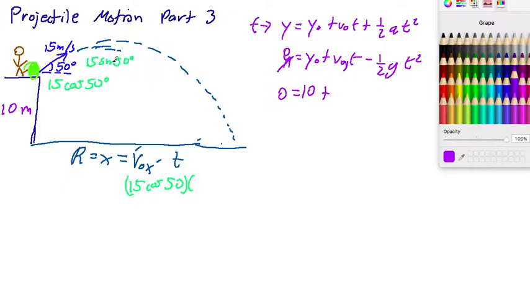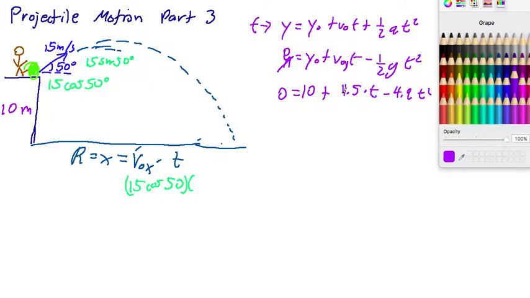Again, pause the video and do this on your calculator. Make sure you get the numbers I'm getting. After putting that in the calculator, I got 11.5 times your time minus 1/2 g. g is 9.8, so 1/2 of that is 4.9 times t squared.